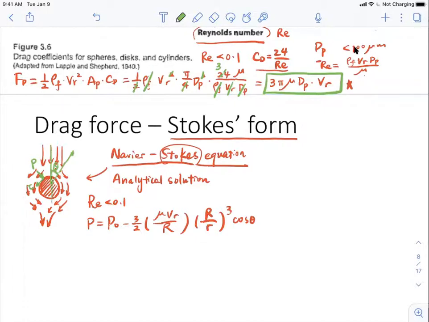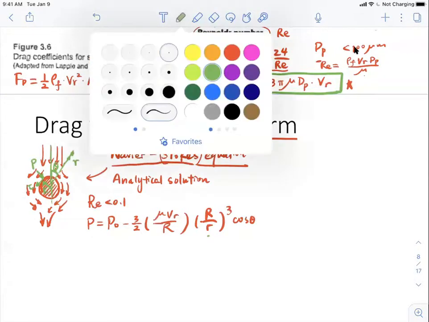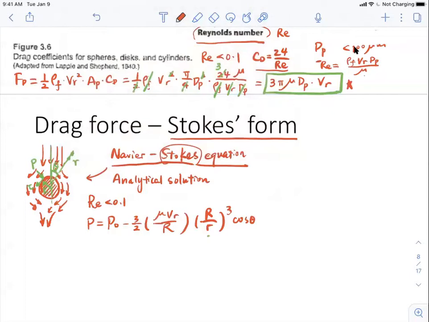So this is the angle theta here. The r can be any location in space, and this capital R is the radius of the sphere. So we can calculate the pressure at any location in the system. We can also calculate the tangential force, which is 3 over 2 mu VR divided by R.